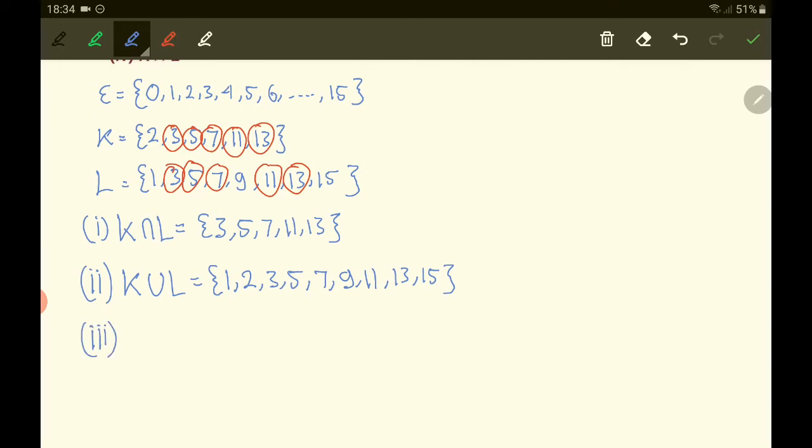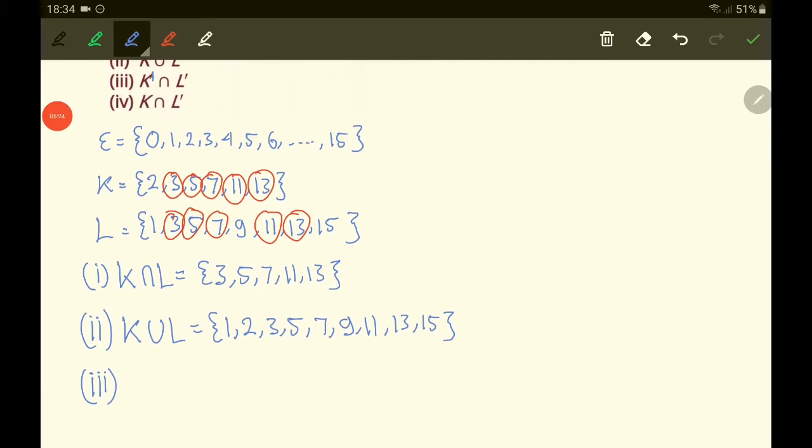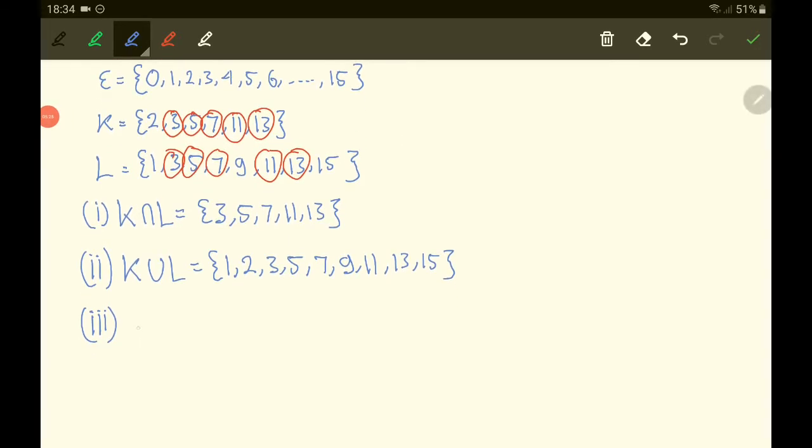And the third one here is about the K complement. Once more, I want to remind you of the meaning of complement. Complement is something that is not, or the inverse. So K complement means the elements inside the universe but not in K. We know K here is 2, 3, 5, 7, 11, 13.